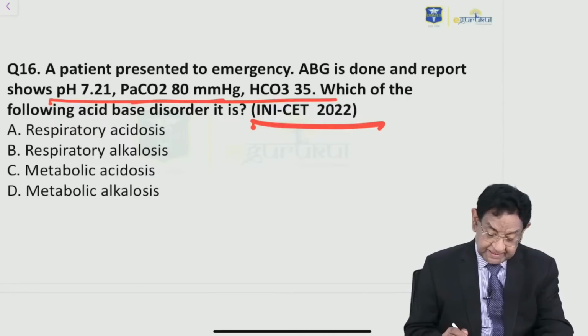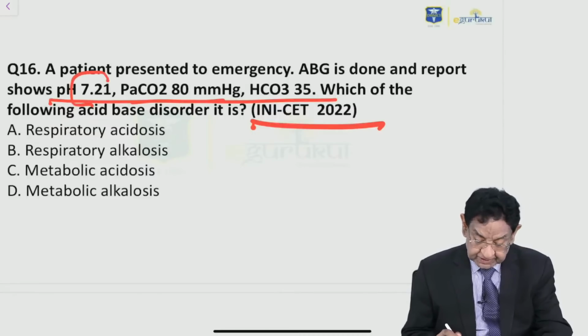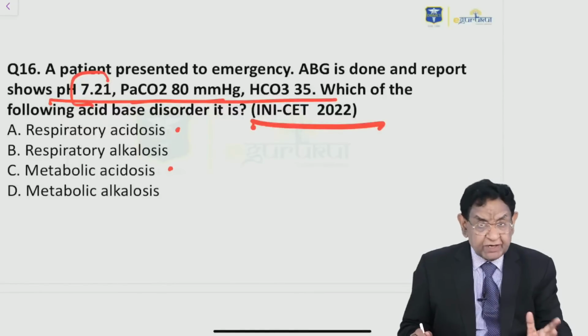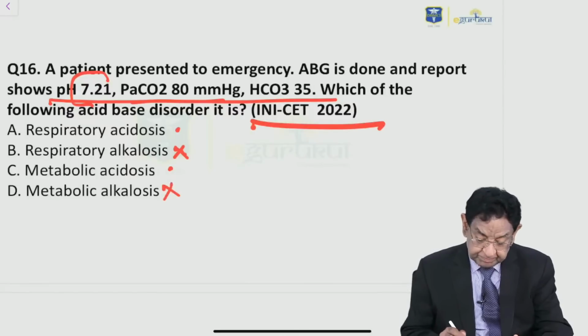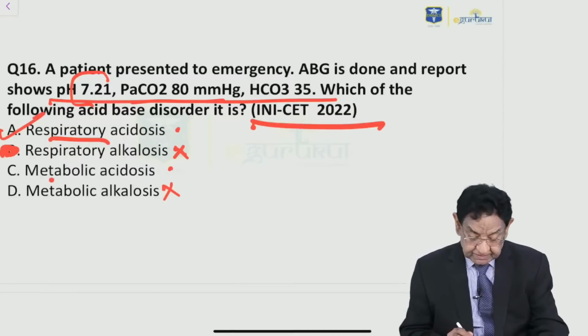Well, pH is 7.21, so it has to be acidosis. Either this or this. This cannot be alkalosis. PaCO2 80, so it is respiratory acidosis. What about metabolic acidosis?